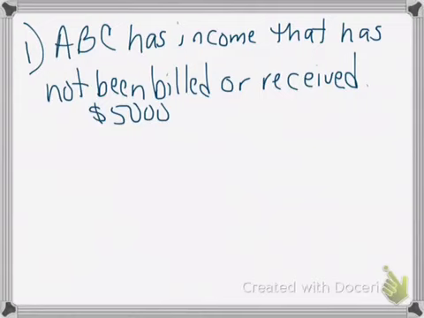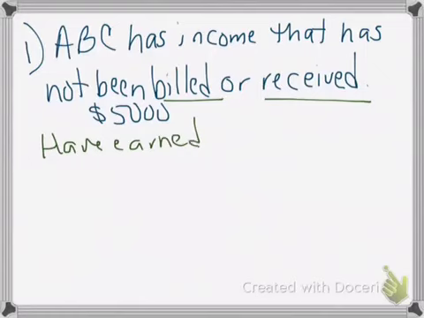So the first one that we have on the worksheet says ABC has income that has not been billed nor received. So we haven't received the cash, it hasn't been billed yet, but we have earned this.